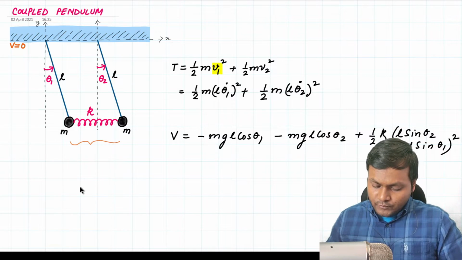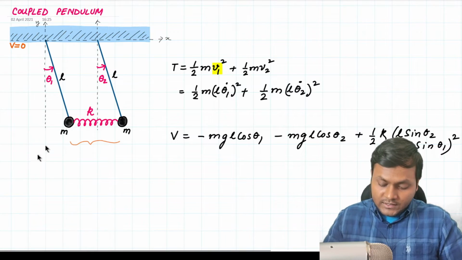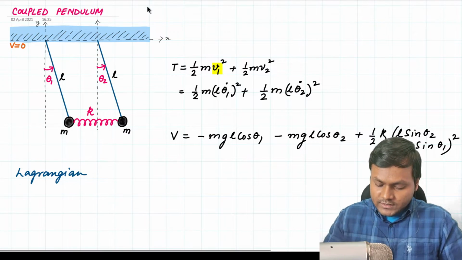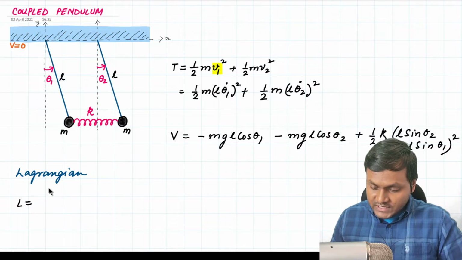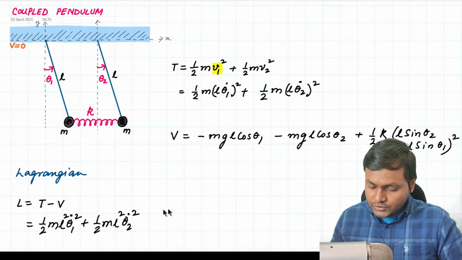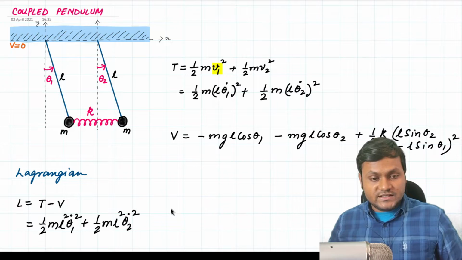So finally, we have the Lagrangian associated with this coupled pendulum system. The Lagrangian is simply given by L equals T minus phi. T is half m L square theta 1 dot square plus half m L square theta 2 dot square, and the potential energy is minus phi.